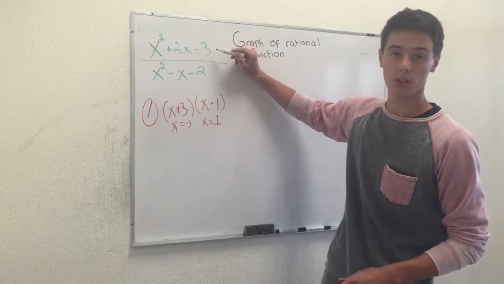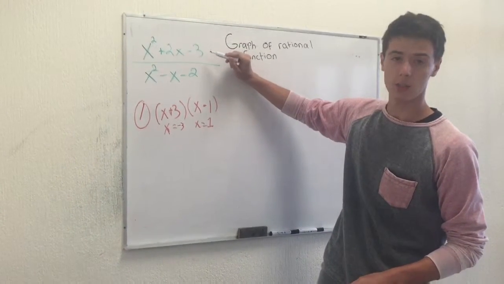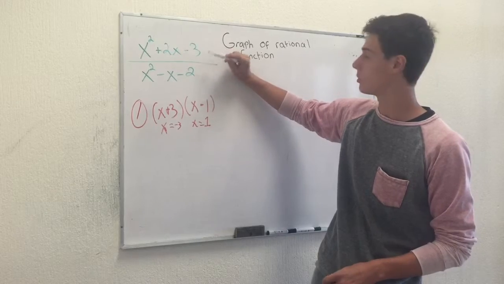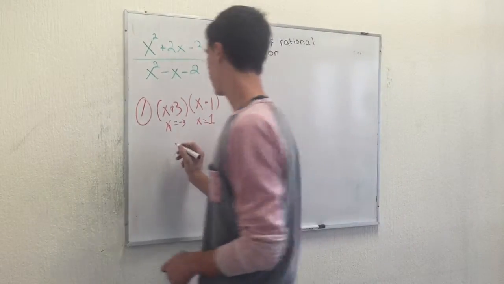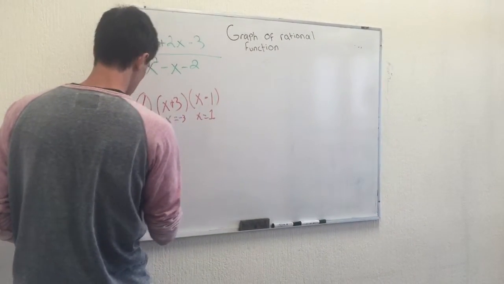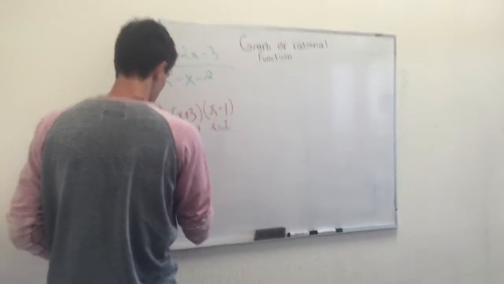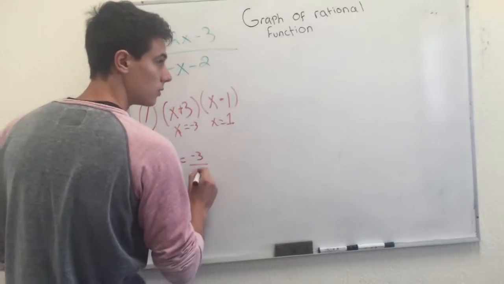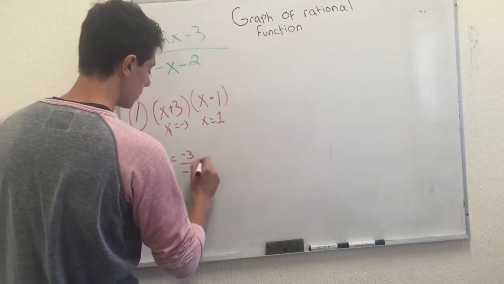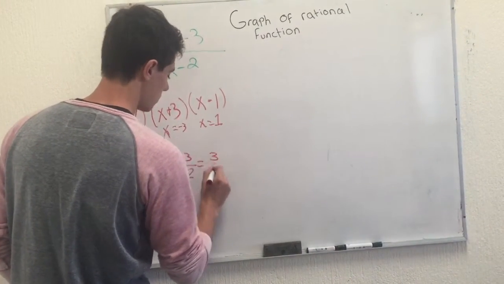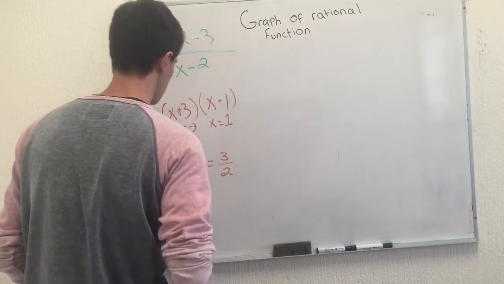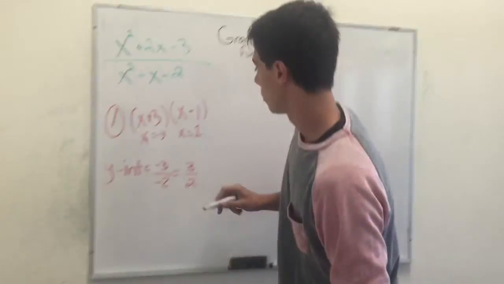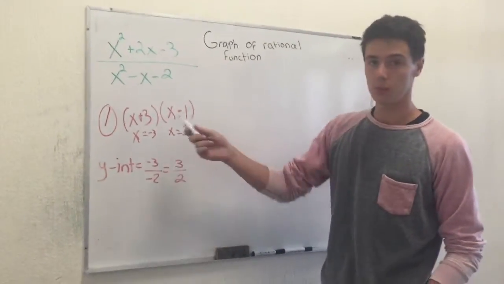So the only coefficients that are left are -3 and -2. So if we divide, the y-intercept is gonna be -3 over -2, which equals 3/2. So here we got our first step.